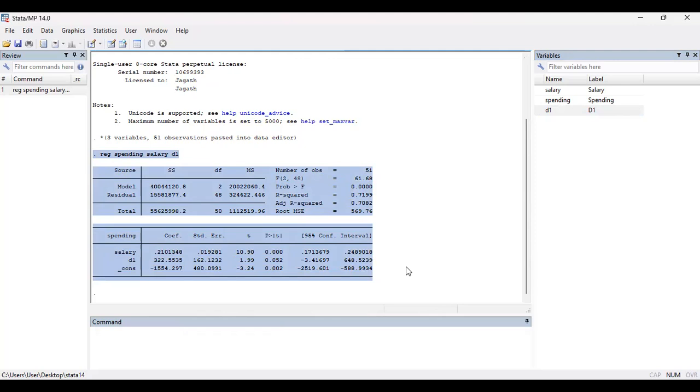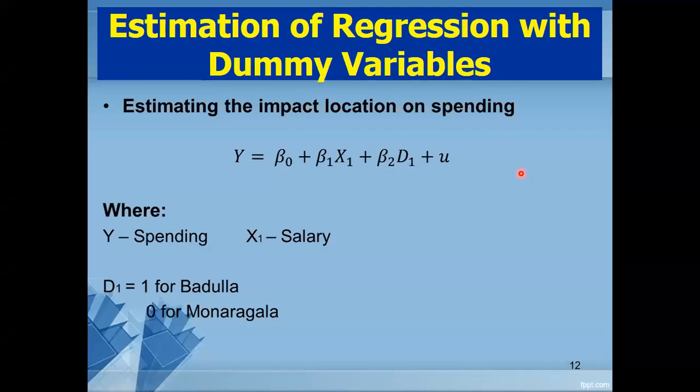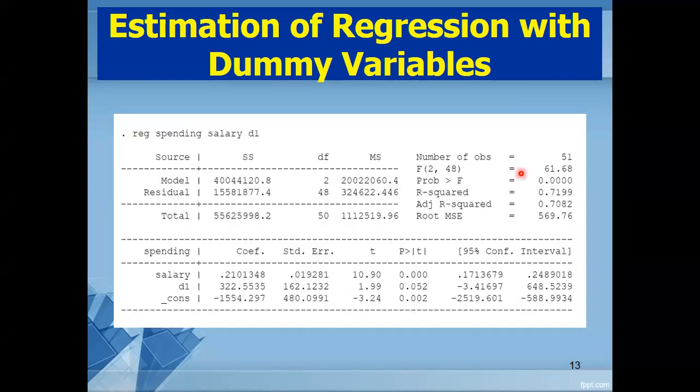I have included this regression output in this PowerPoint slide, so I am going to use the slide here. This is the estimated regression output, which incorporates the dummy variable.